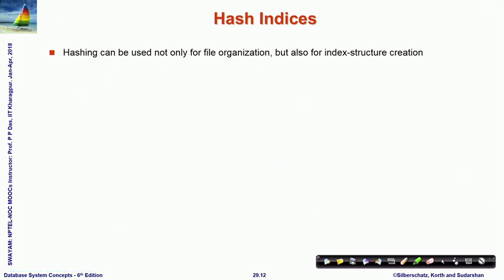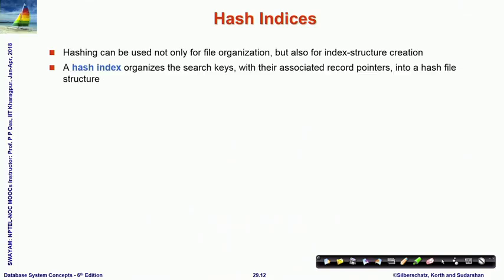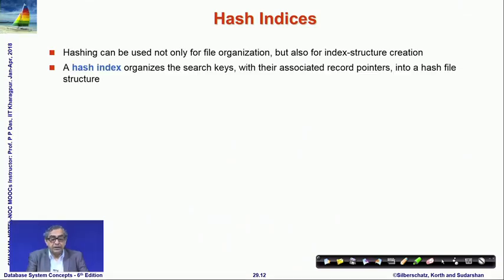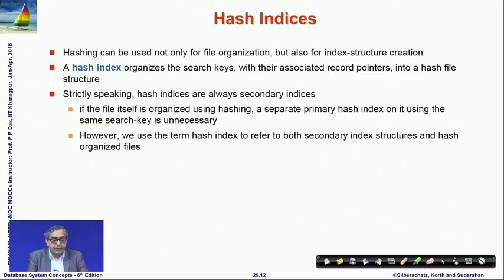So, hash indices can be used not only for file organization, but they can also be used for index structure creation, like we did for B plus tree. A hash index organizes the search keys with their associated record pointers into a hash file structure, exactly in the same way as hashing otherwise. But you can note that hash indices are always secondary indices, because if a file itself is organized using hashing, then a separate primary hash index on it using the same search key is unnecessary.